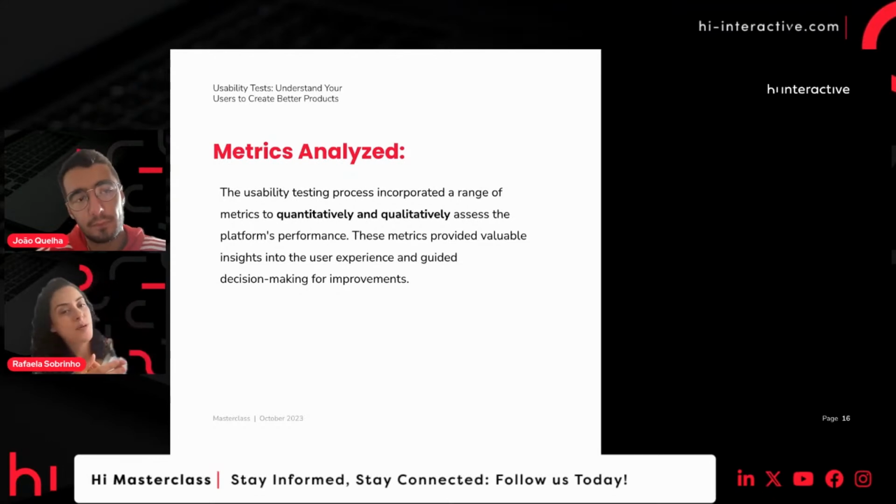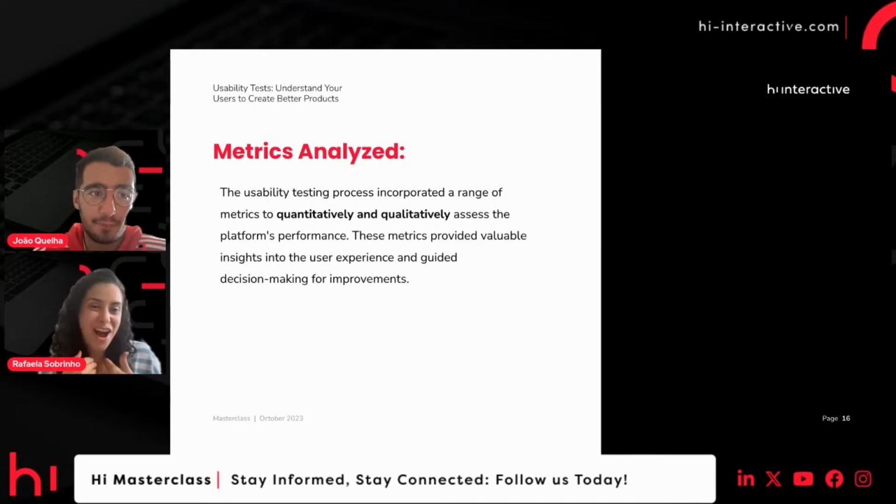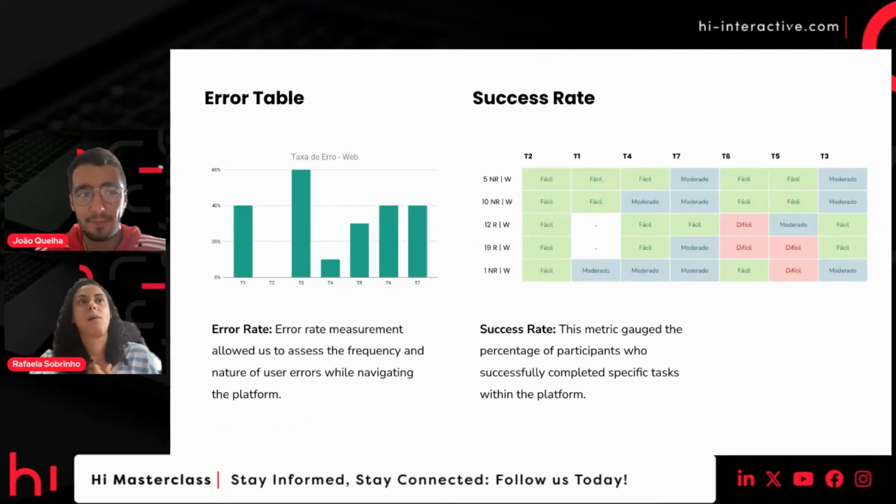But if you have numbers, they confirm what we think, what you observe. Error table and success rate.